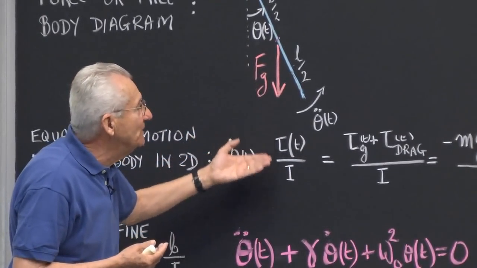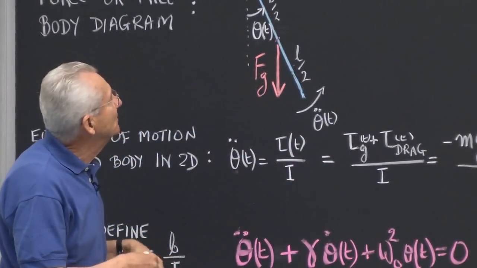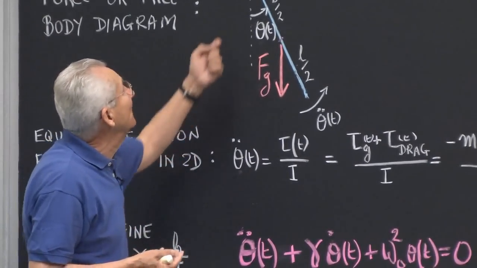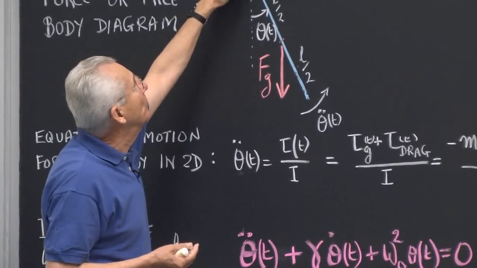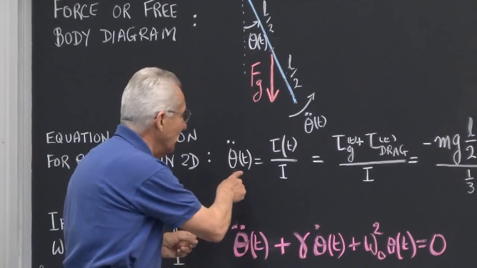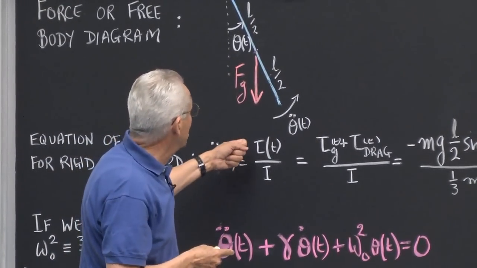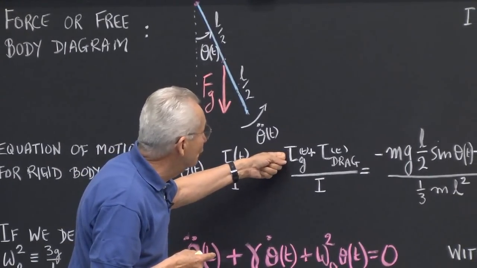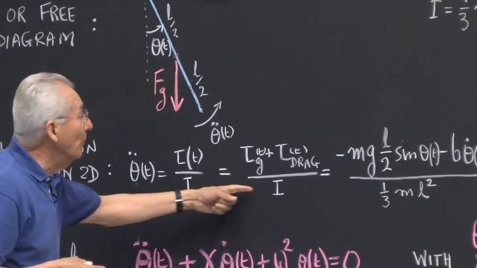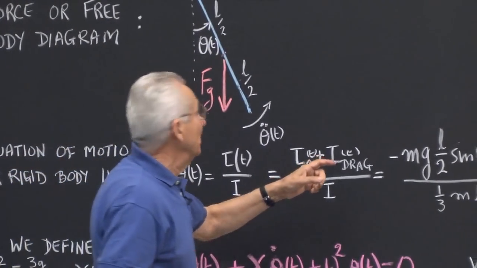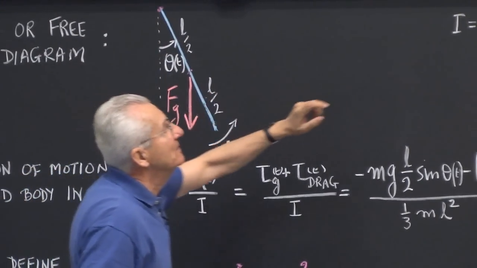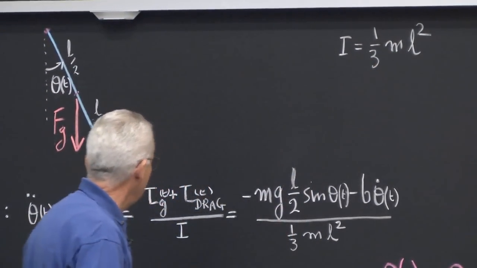This is the component of the rotation about an axis perpendicular to the board. The angular acceleration will be equal to the total torque, which is the torque due to gravity plus the torque due to the drag, divided by the moment of inertia. By the way, the moment of inertia of a rod like this about one end is 1/3 ml squared.